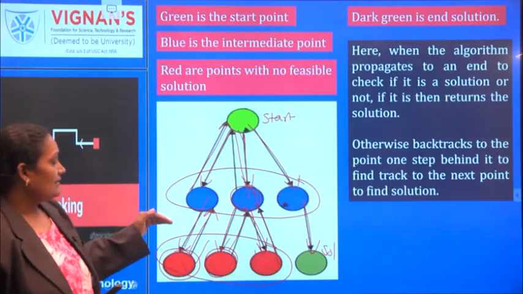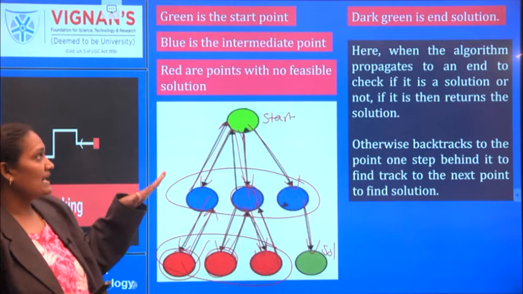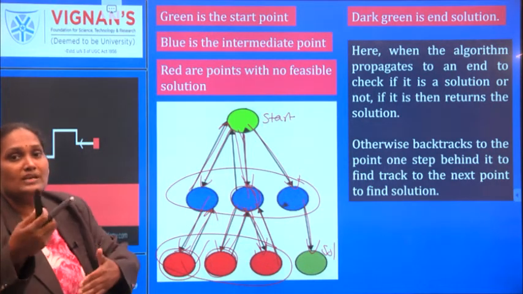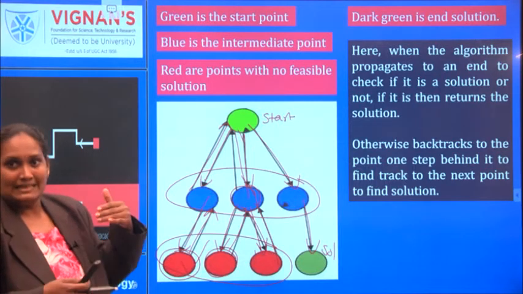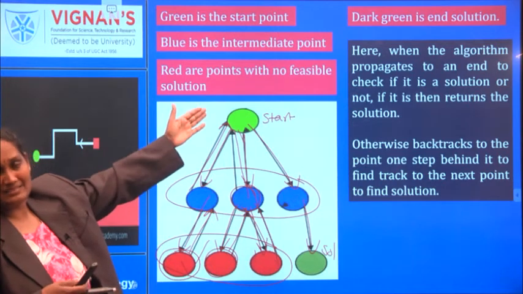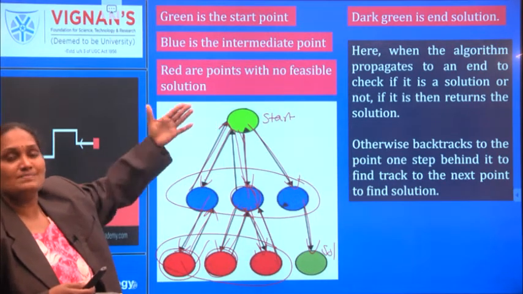So if you get any partial solution, and from that partial solution you are not moving towards the complete solution, in that case we backtrack the process, moving back.